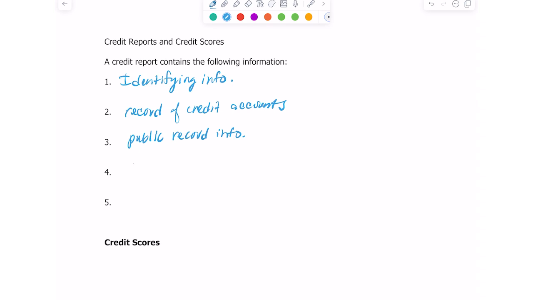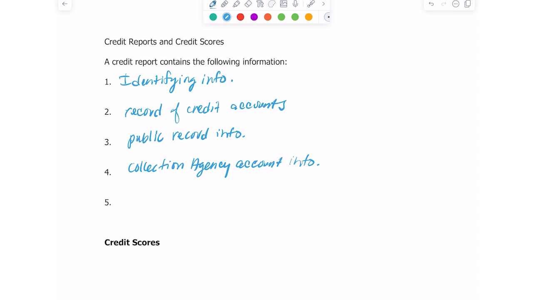Collection agency account information. If you owe money that you haven't paid, and a collection agency is trying to get that money from you, they may look at your credit report. And they also may make certain inquiries along with anytime you may take out a loan.